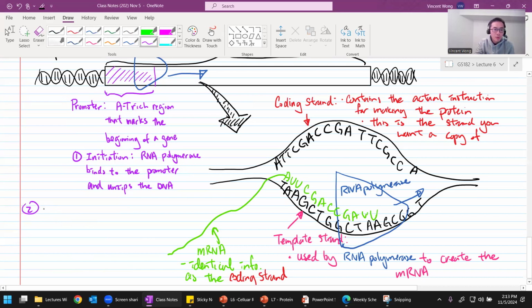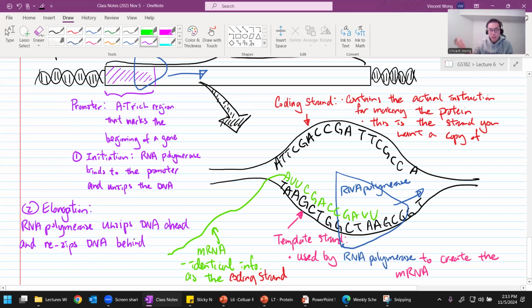So step number 2 is elongation. RNA polymerase unzips DNA ahead and rezips, I don't know if that's a word, rezips DNA behind.